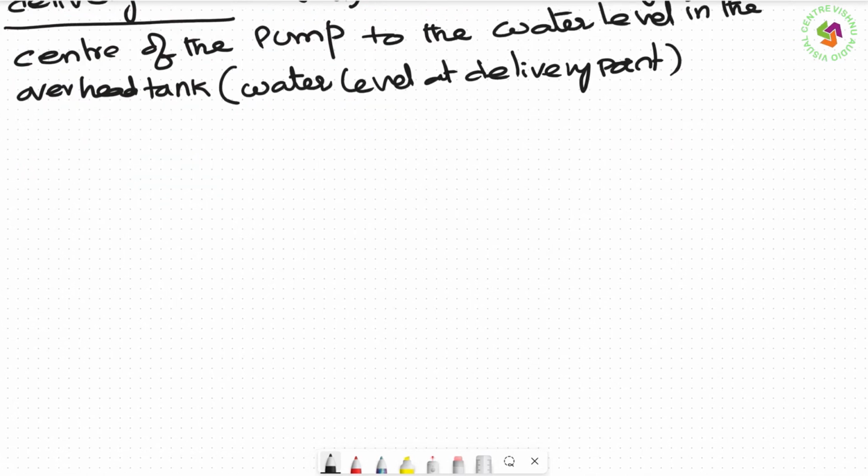So I will show you a simple thing actually. This is the shaft, and this is the impeller.